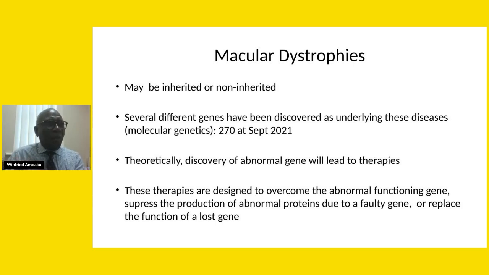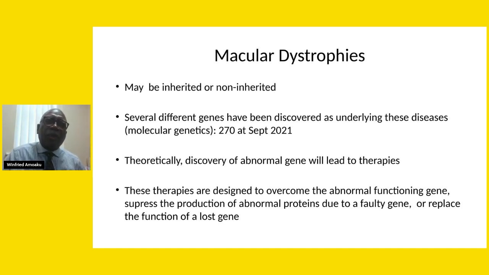But most of them are conditions that will become inherited subsequently because there's been a new mutation, or that the parents of the particular individual who has the condition has the recessive gene that was not known about, but then it's become obvious. So several genes have been found for retinal dystrophies, and the number keeps going up every day.